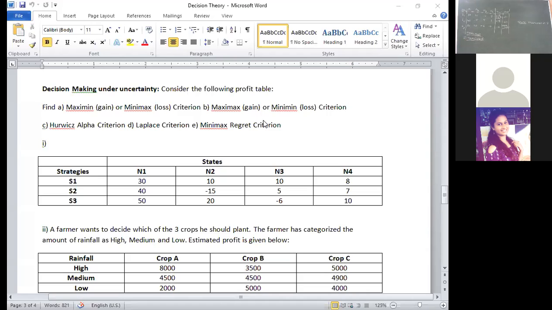The maximum profit among these maximas is 50, corresponding to strategy S3. Hence, the optimal strategy is S3.